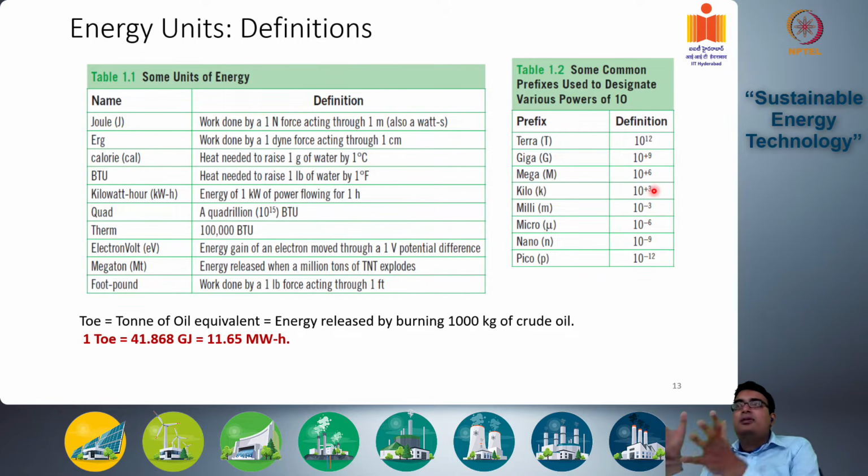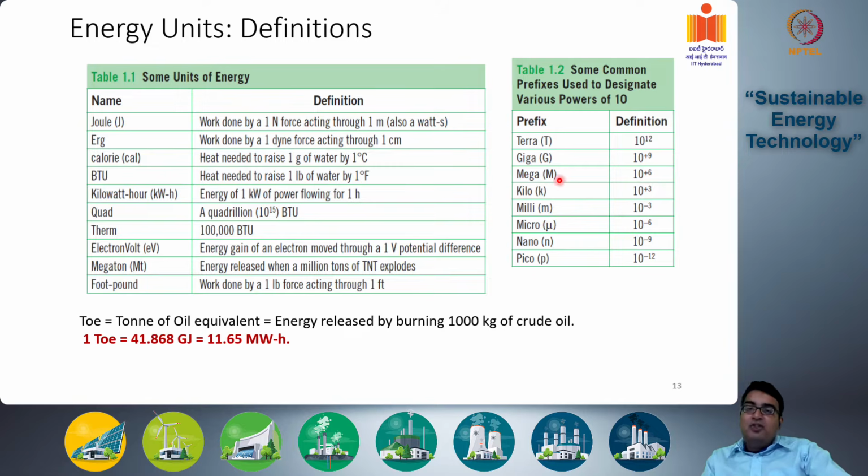So 1000 grams is 1 kilogram. Very simple. 1000 watts is 1 kilowatt. If you go to the next set, 10 to the power 6, so 1 million, typically it's called mega. So 10 to the power 6, 1 megawatt. Similarly, a megagram is also used, though usually less often. But anything 10 to the power 6 times is mega.